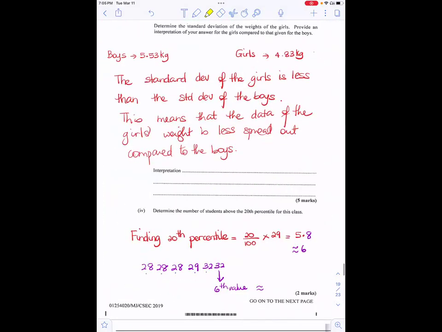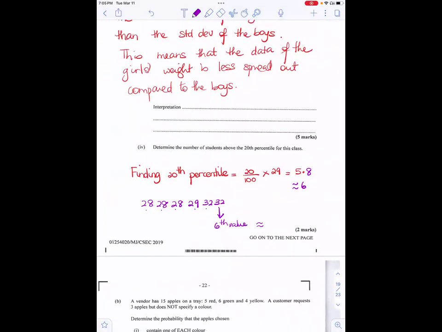So the answer here would be 22. So the number of students in the 20th percentile of the class, because 6 students would have scored 32 or less. So the students who would have scored more than 32 would be 22. You all understand that? Yes, sir.